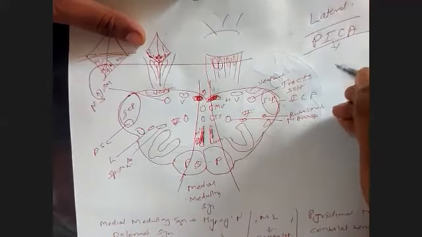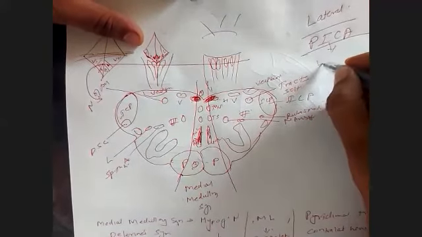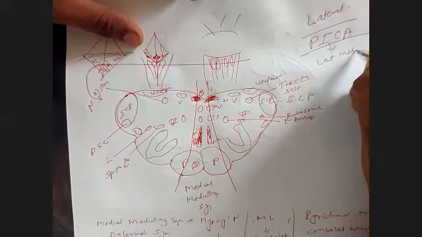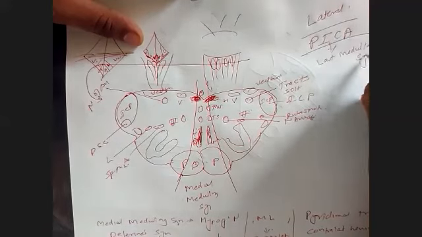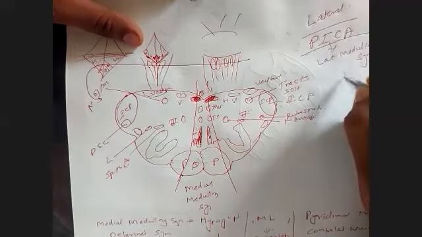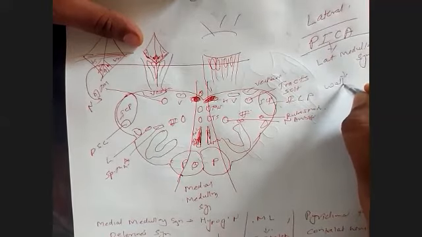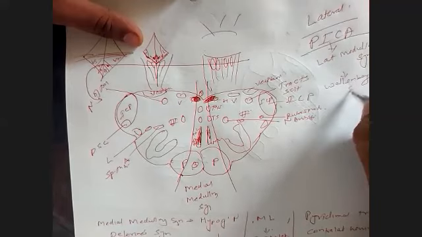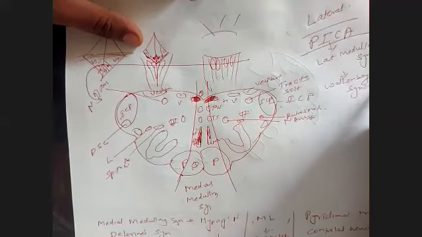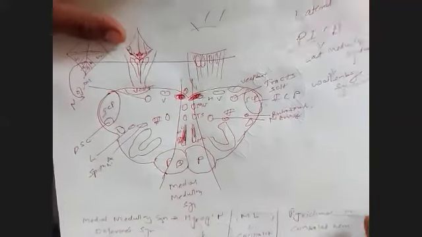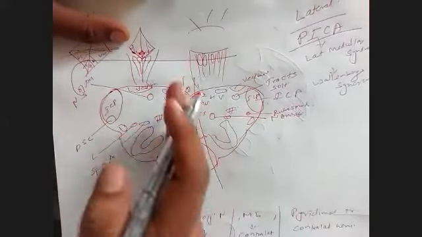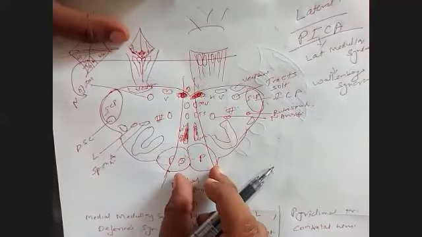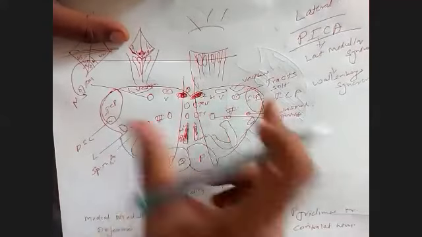So in case PICA is affected, there is lateral medullary syndrome. The other name for lateral medullary syndrome is Wallenberg syndrome. Okay, so now let us see what all things can get affected. Apart from the three median line structures, the other structures will be affected.